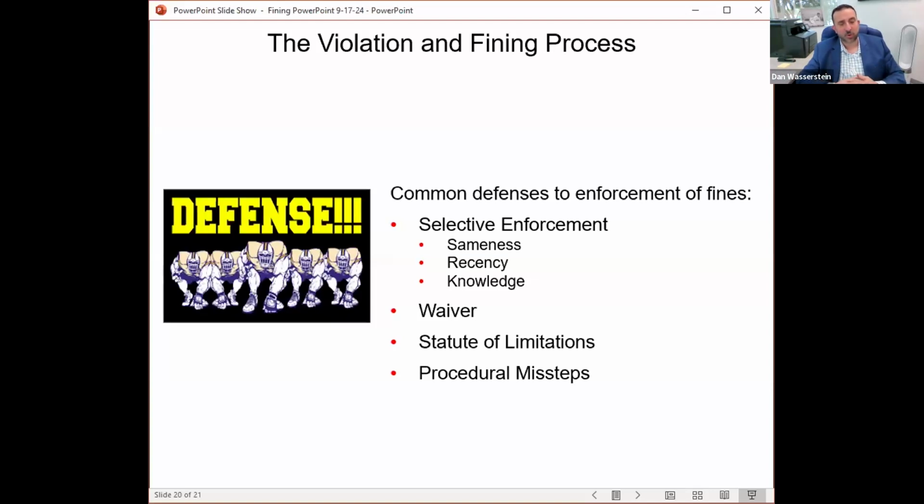If an owner hires a lawyer, or even they themselves, but especially if they hire a lawyer, you can be sure the first things they're going to look for are: show us the warning letter, show us the board meeting notice, show us the minutes of the meeting that the board voted on this. Give us a copy of the 14-day notice.